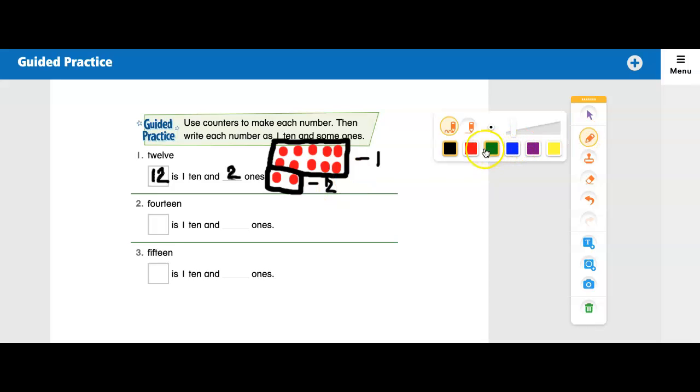Now let's look at the number 14. Number 14, so I'm just going to count it out. 1, 2, 3, 4, 5, 6, 7, 8, 9, 10, 11, 12, 13, 14.